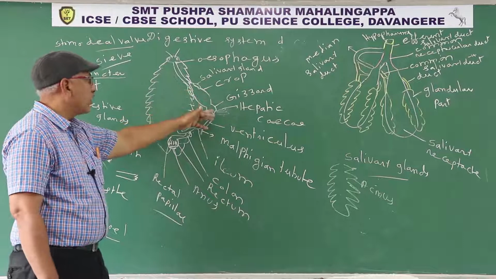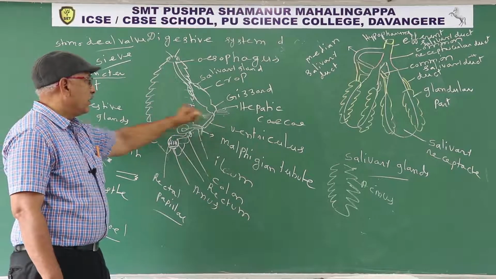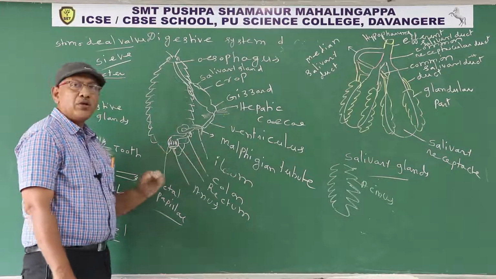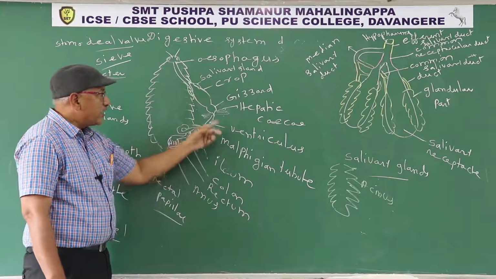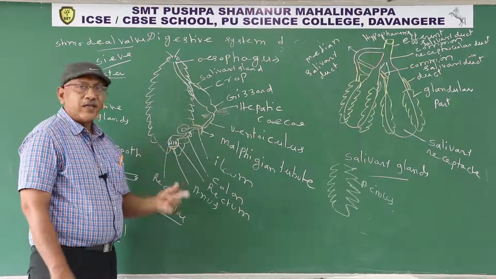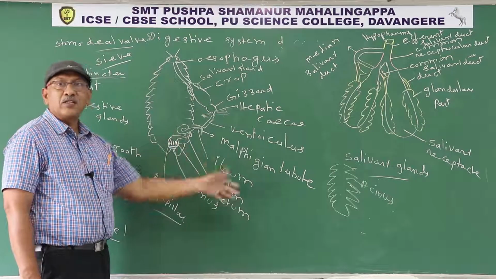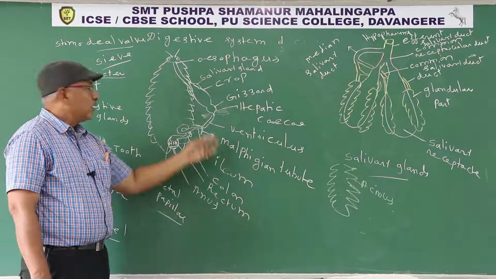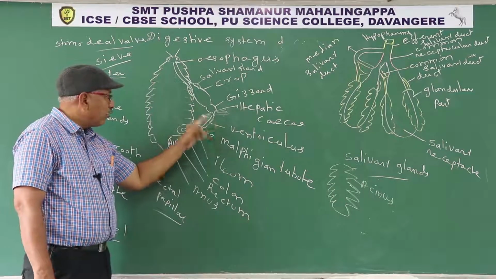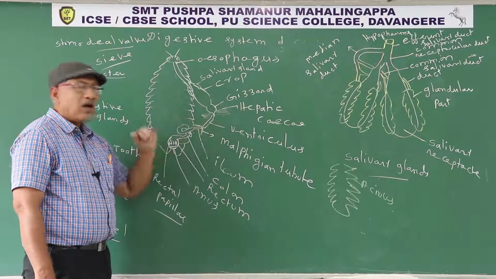Later, from the crop the food goes to the gizzard. In the gizzard the food is converted into fine particles, which enter the ventriculus. The digestive enzyme secreted by the hepatic caeca and the digestive enzyme secreted by the wall of the ventriculus digest the food material completely. The digested food enters the blood with the help of the hepatic caeca and ventriculus.